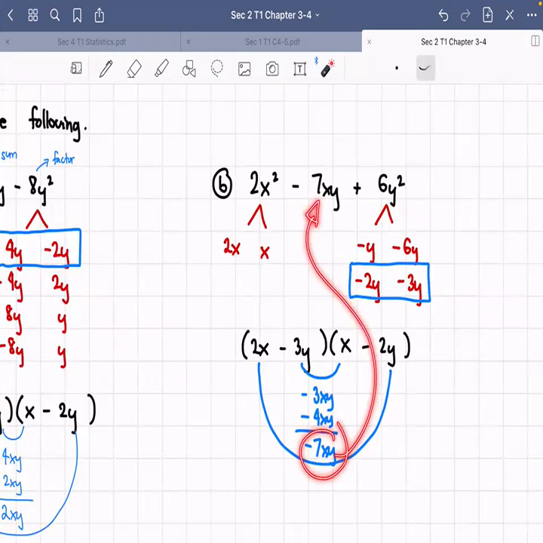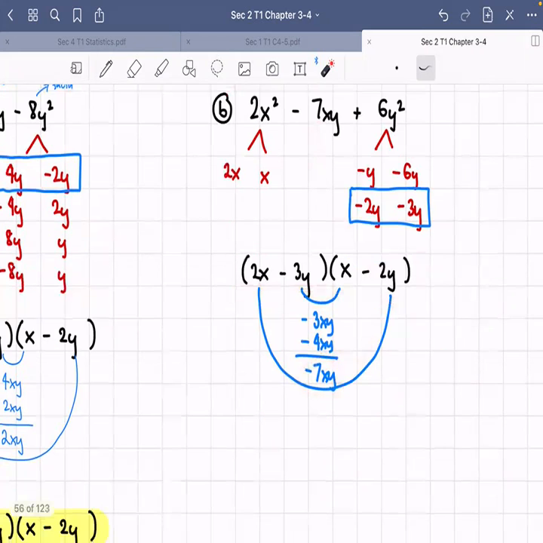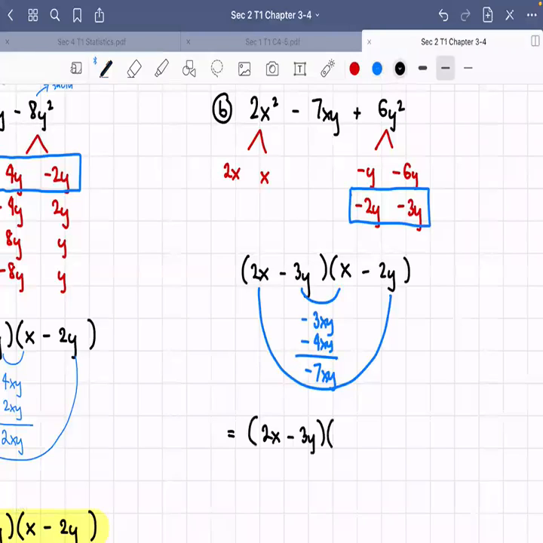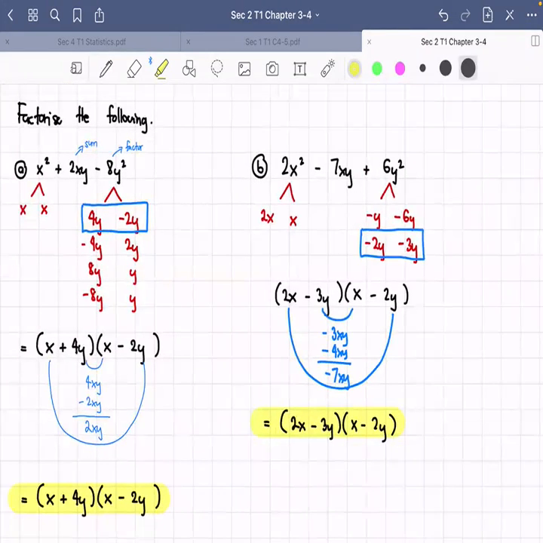That means our factors are now correct. So what is our final answer? Let me just rewrite it here. 2x minus 3y, and then x minus 2y. So that's it. Do you have any question, class, with letter B?